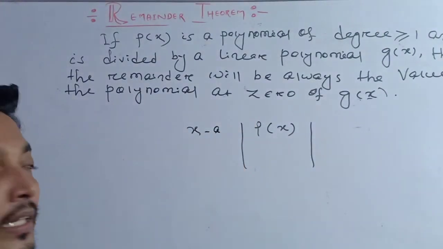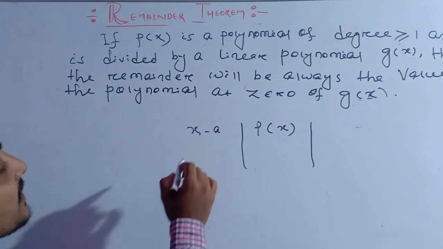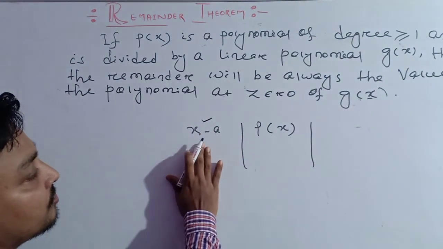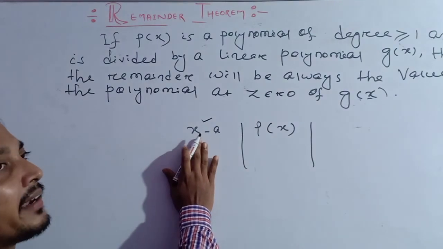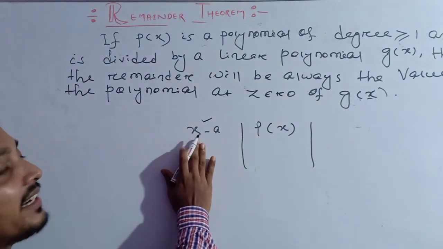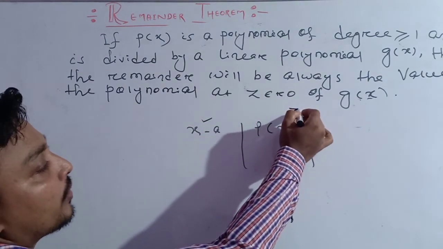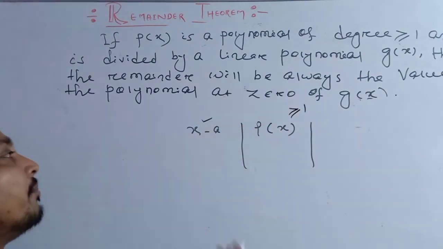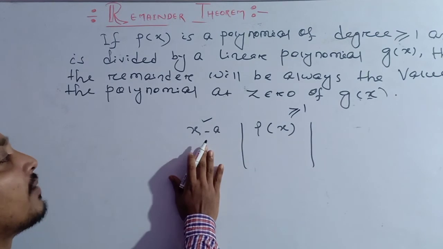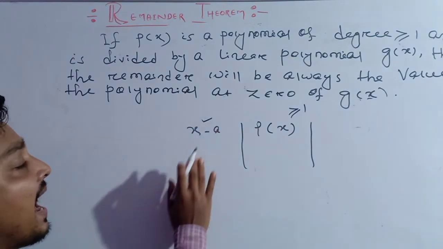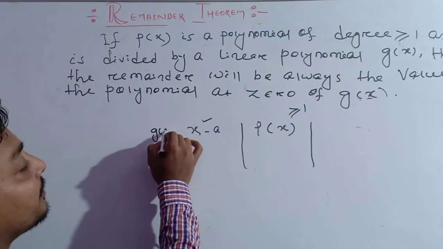Here the linear polynomial, specially I am writing in the form of x minus a, and it is also linear. Linear means its degree is always 1. As its degree is 1, the degree of p(x) will be more than or equal to 1. Previously the same thing was said, but instead of writing particularly x minus a, I said any linear polynomial g(x).